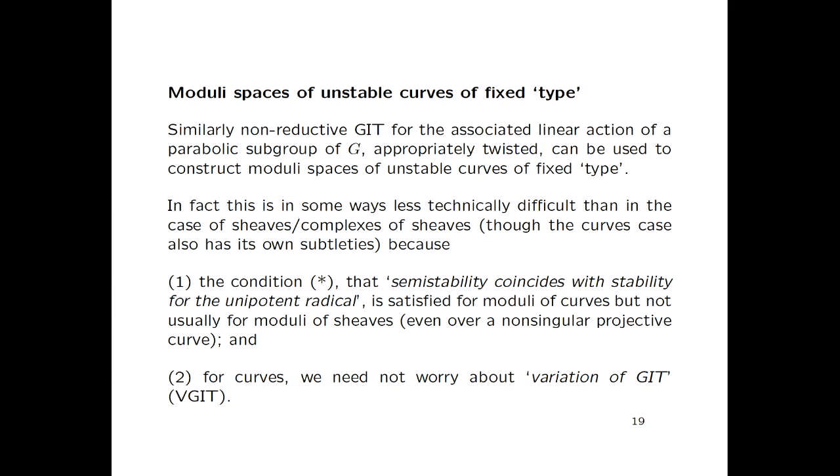So also, if we go back to our moduli of curves, then you can try and think about, again, using non-reductive GIT for associated parabolics in the setup that I described right at the beginning.